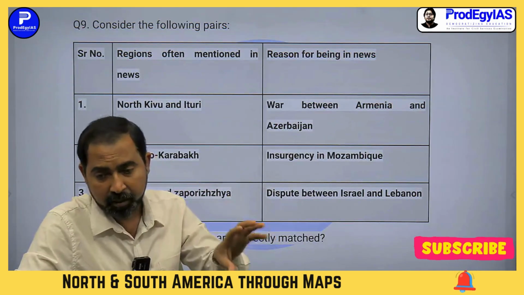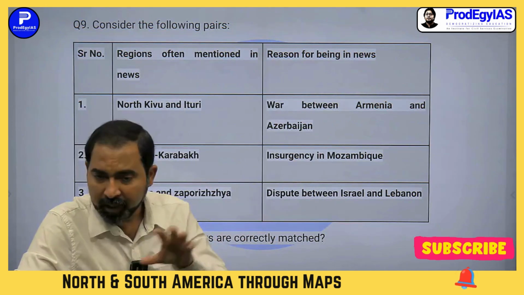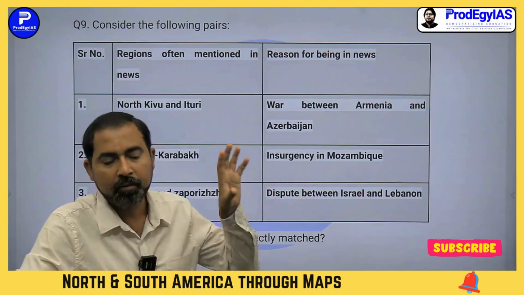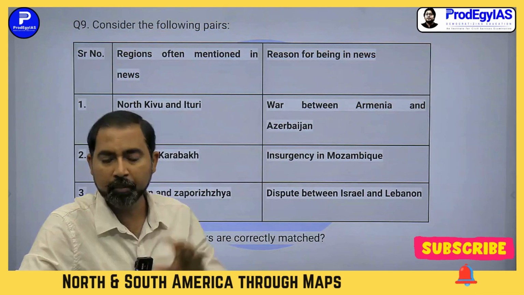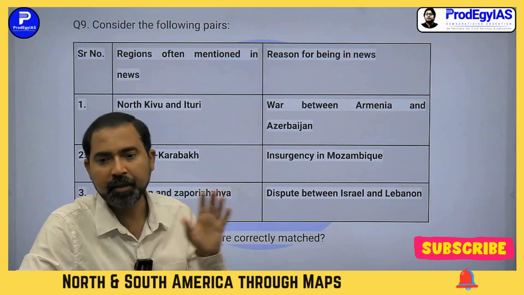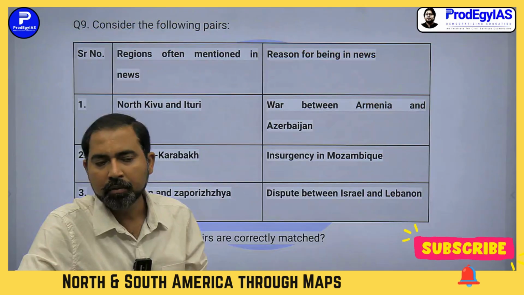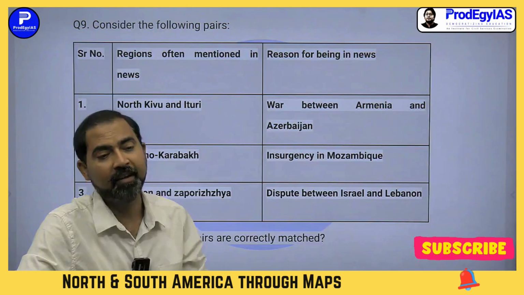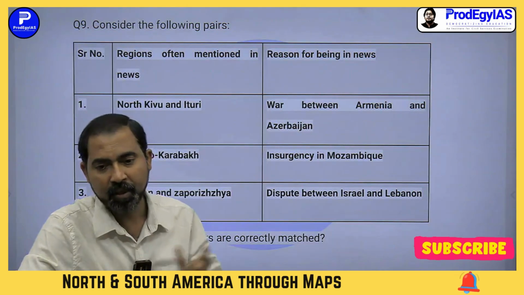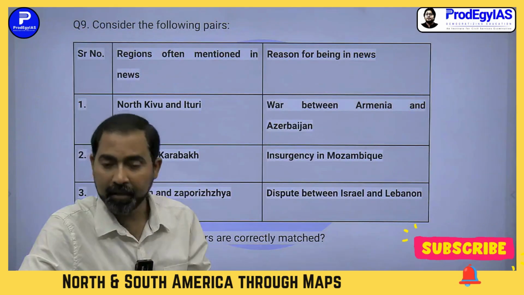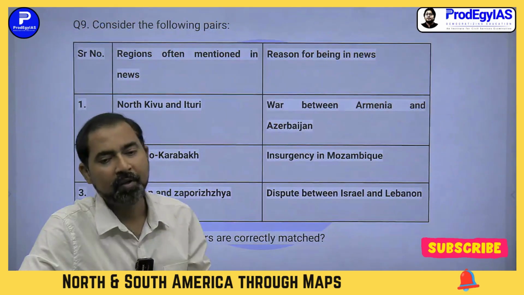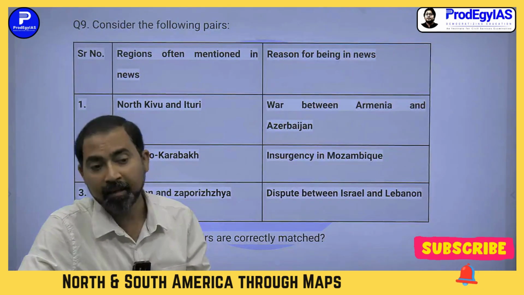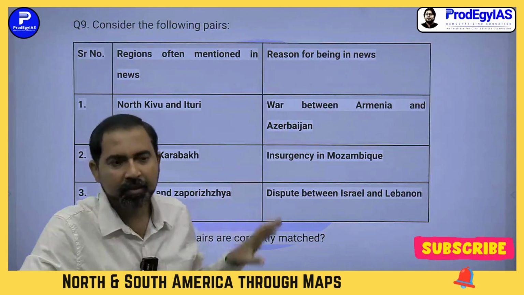In Africa, like in Somalian region, Ethiopia, Sudan, Democratic Republic of Congo, Central African Republic, Nigeria. In Asia, you can say in Pakistan, Afghanistan, even Iran, in Palestine, in Syria. So these are the countries.